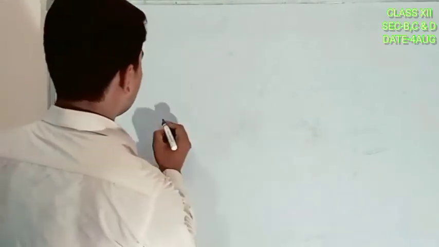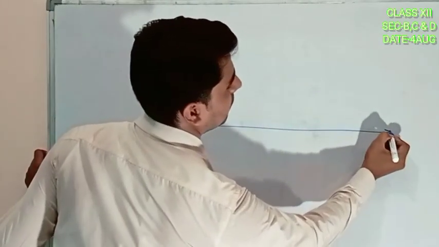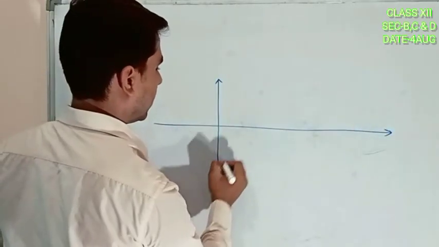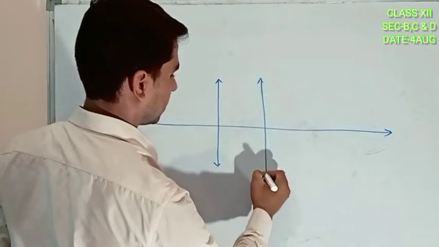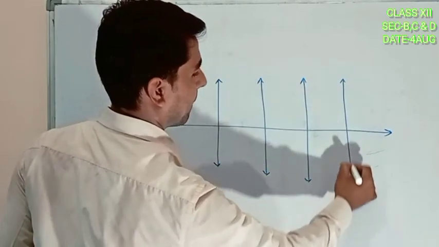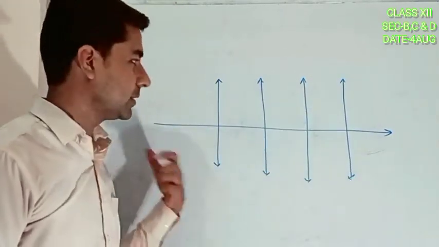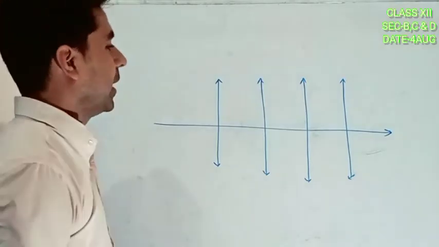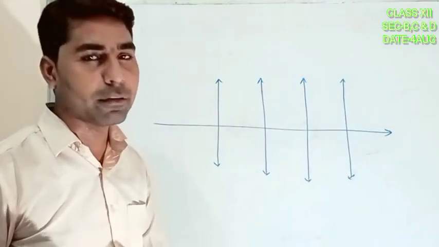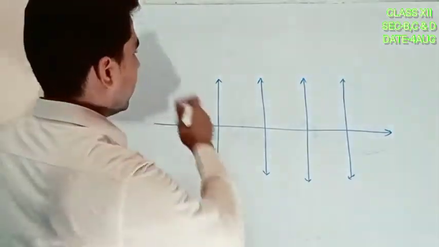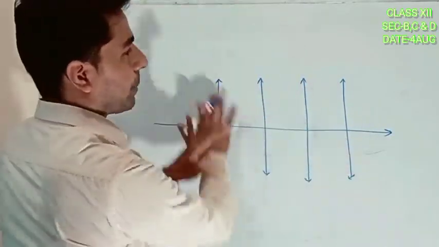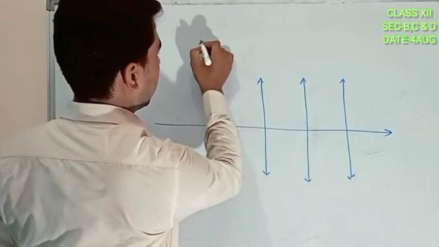Suppose this is the direction of propagation, and here this is the polarized light. I don't think this is exactly perpendicular, but you have to consider it so. Now we have to name the plane of vibration and the plane of polarization. Draw one plane parallel to this axis, or you can say parallel to this board.